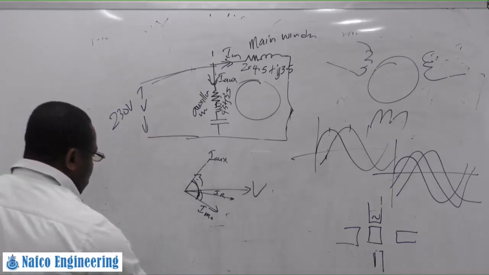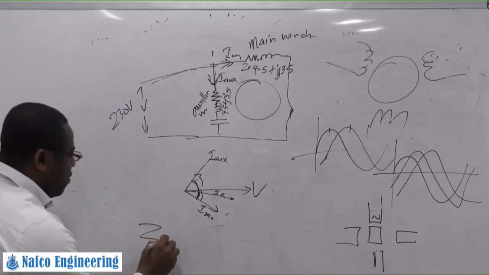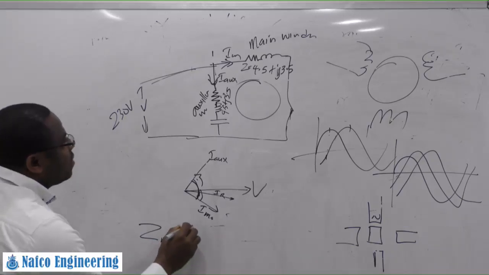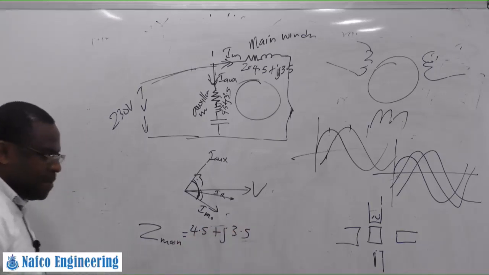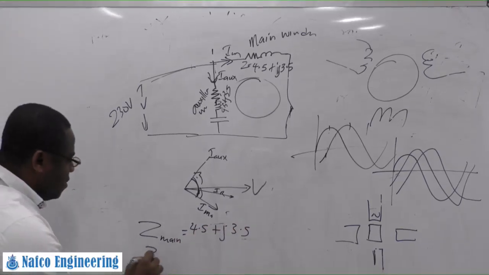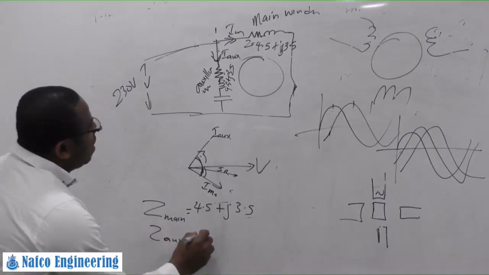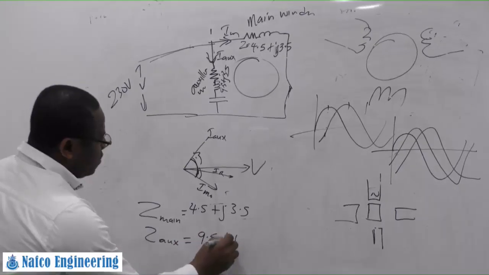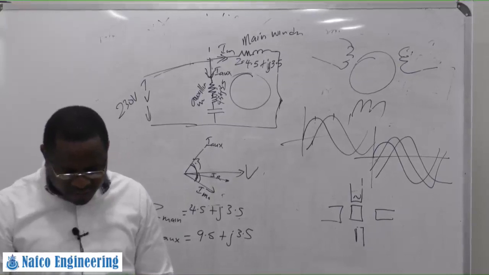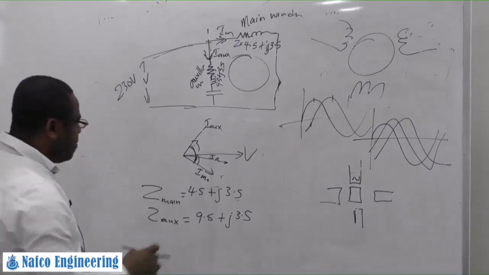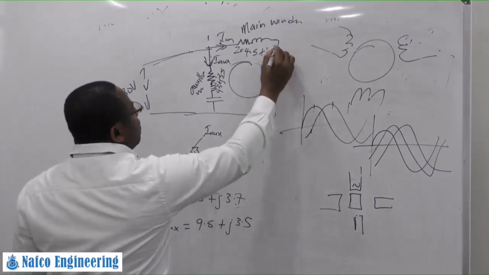So what you do is, this is Z. Z of the main is given to you as 4.5 plus j3.5, and then the Z of the auxiliary is 9.5 plus j3.5. Okay, this is 3.7, the first one, 3.7.